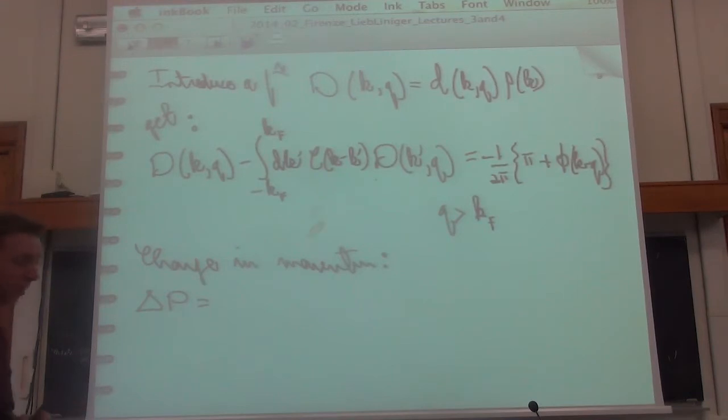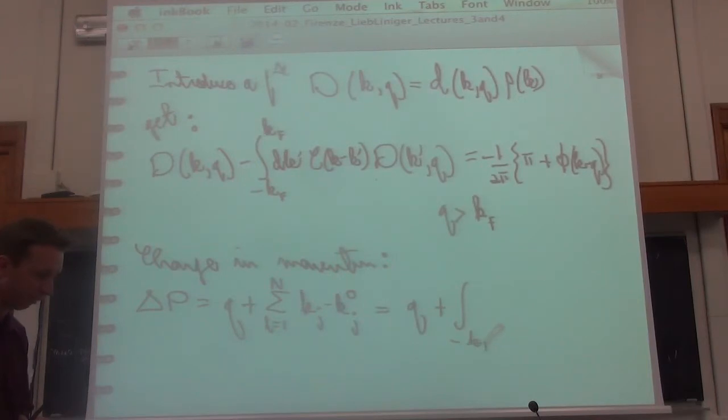Okay, so we do this, momentum of excited minus momentum of ground state, so we just have this q parameter, and then plus the summation 1 to N of just k_j minus k_j^0. Okay, so this we can just rewrite as q plus, going to the thermodynamic limit, the integral from minus kF to kF dk of simply the displacement d(k,q).